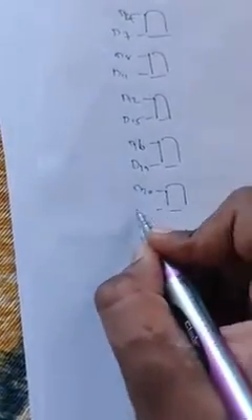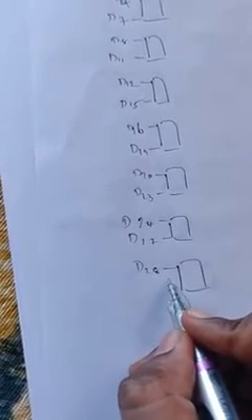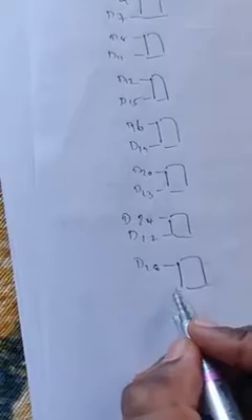So D0 to D3, D4 to D7, D8 to D11, D12 to D15, D16 to D19, D20 to D23, D24 to D27, D28 to D31.